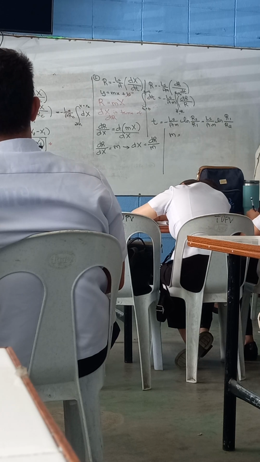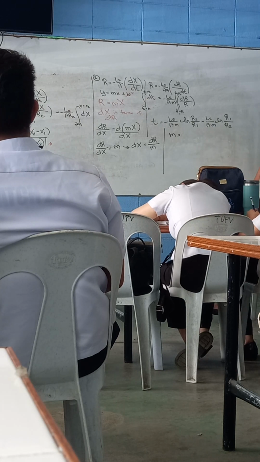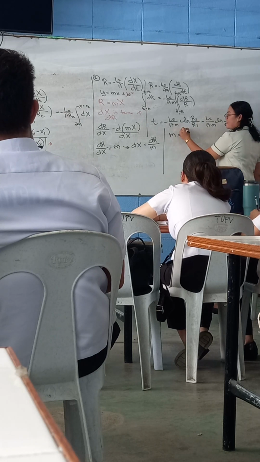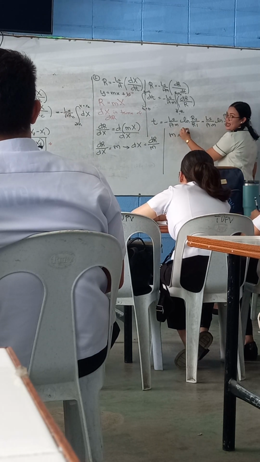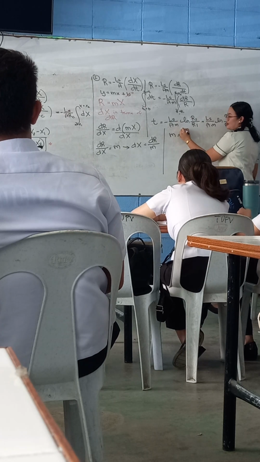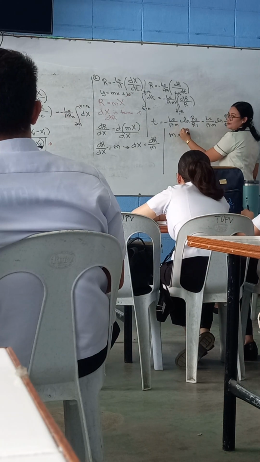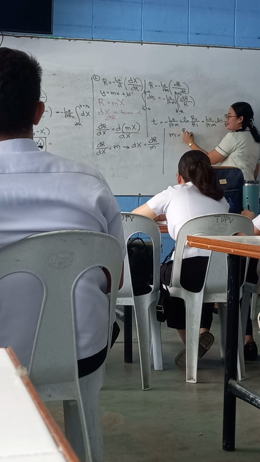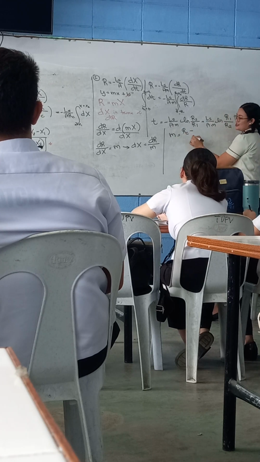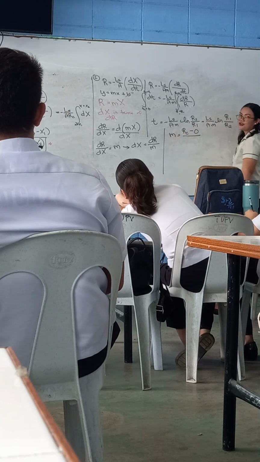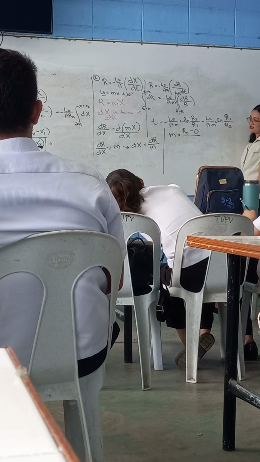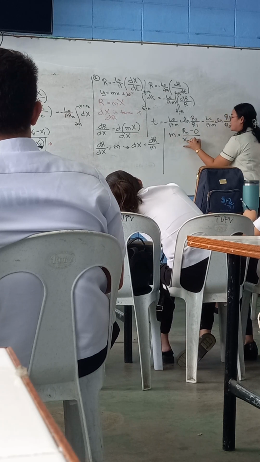delta y over delta x. From Rc to 0, delta y is Rc minus 0 all over your delta x, Xc minus 0.